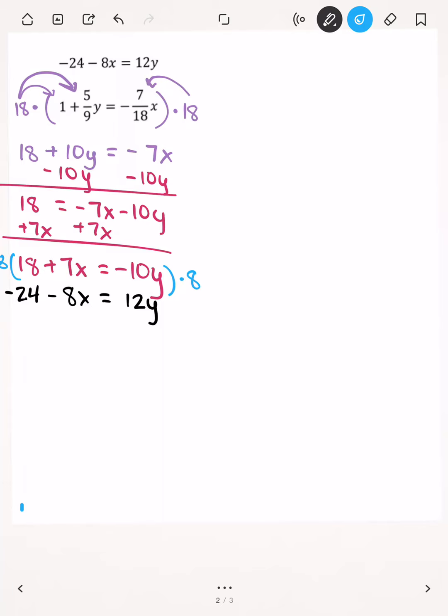When I do this, 8 times 18 is 144. 8 times a 7x is a positive 56x. And then 8 times a negative 10y gives me a negative 80y.